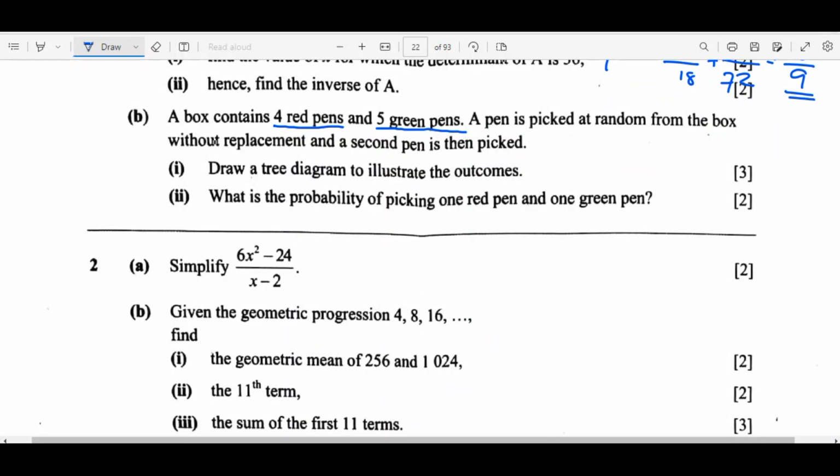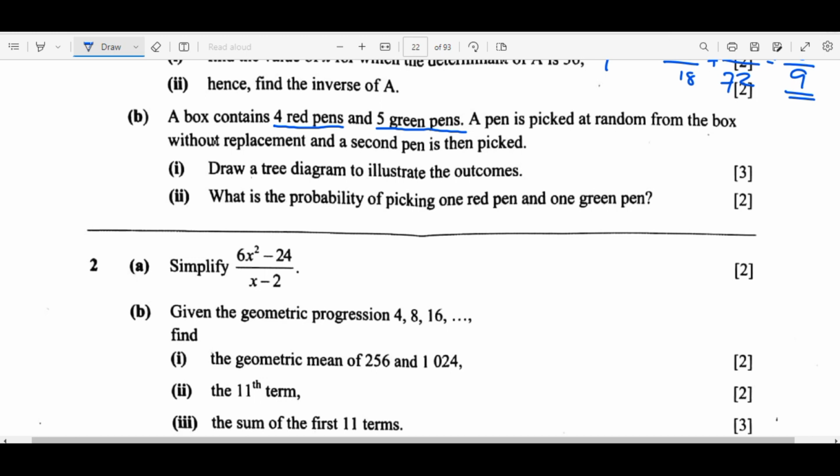Okay, we can move to the other one, question 2. Question 2 is simplify 6x squared minus 24, over x minus 2. In this case, what are we going to do? This is very simple. Let us factor out.